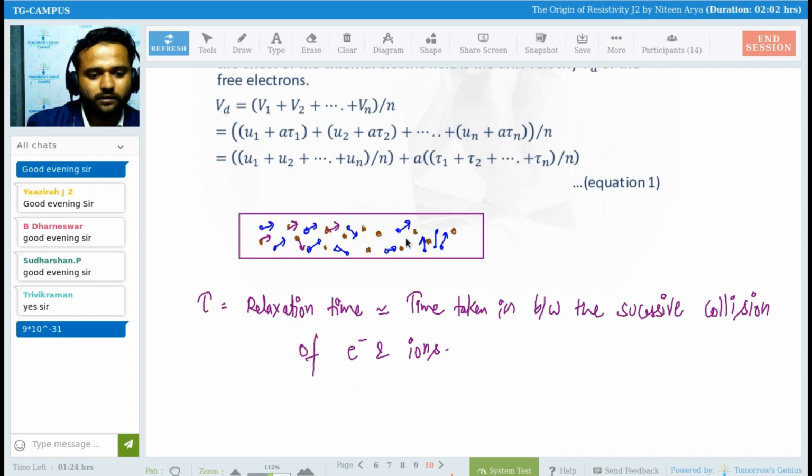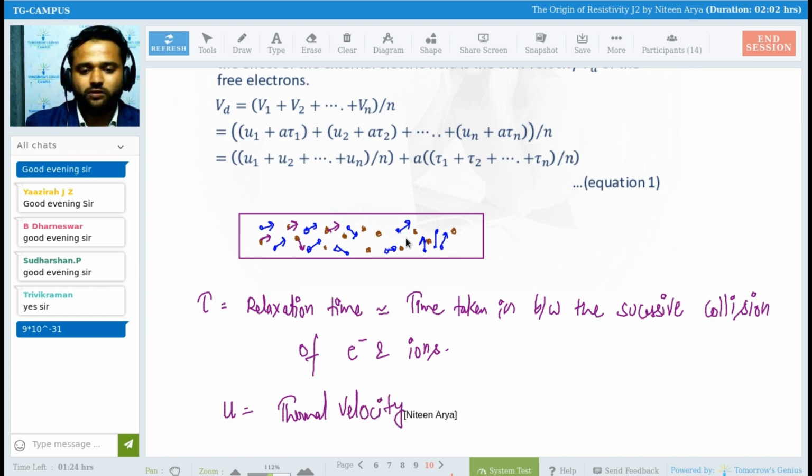Let me write here. This u is the thermal velocity of random moving electrons.